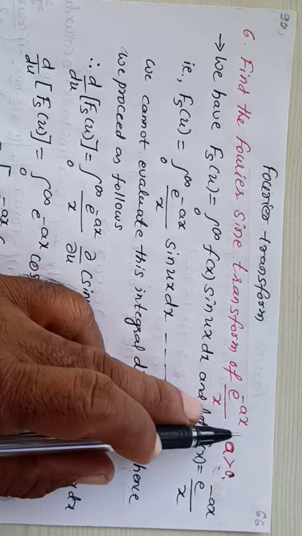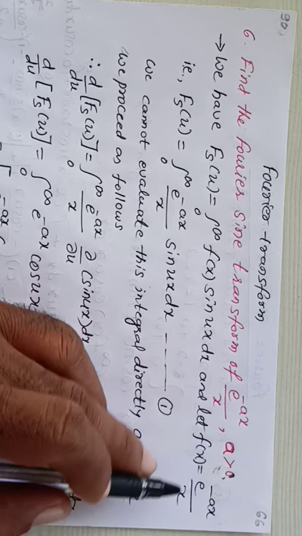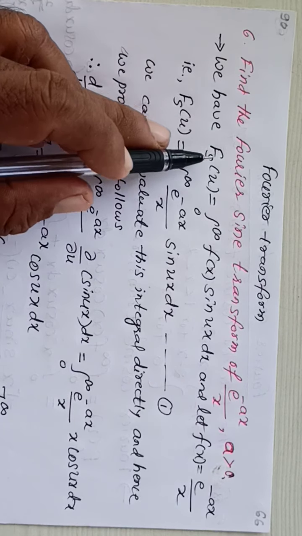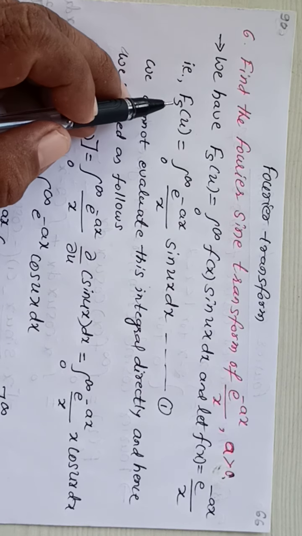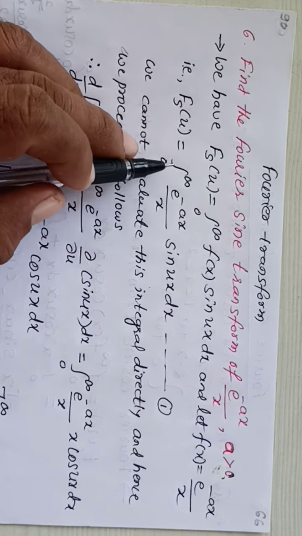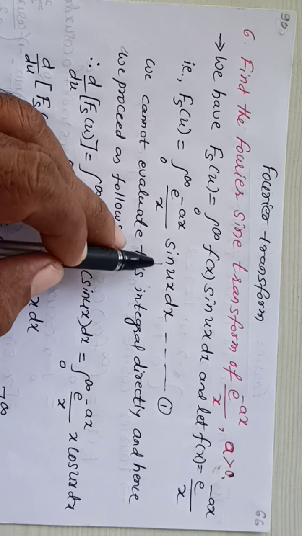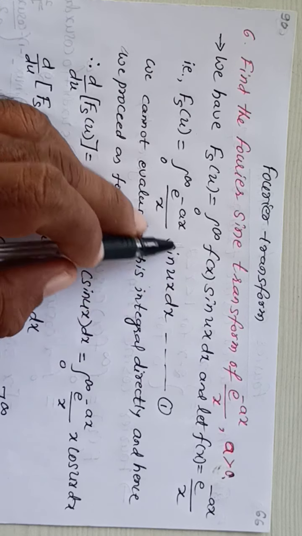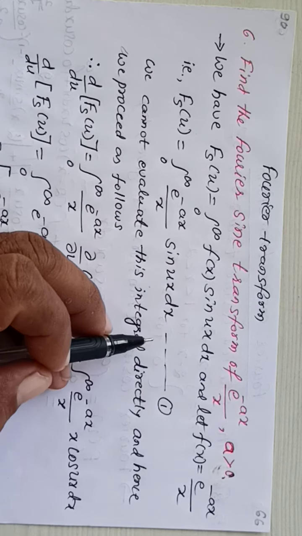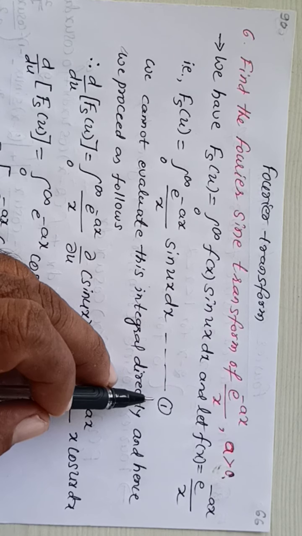Let f(x) = e raised to minus ax by x. That is, F_s(u) = integration 0 to infinity e raised to minus ax by x sin ux dx, from the formula. Call this equation 1.